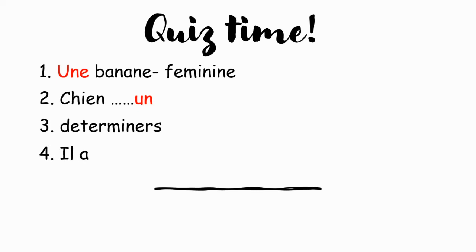We looked at the verb avoir today. Avoir. But what does that word mean in English? What is the translation of the verb avoir in English? Good luck. 5 seconds starts now. That's right. It means to have.